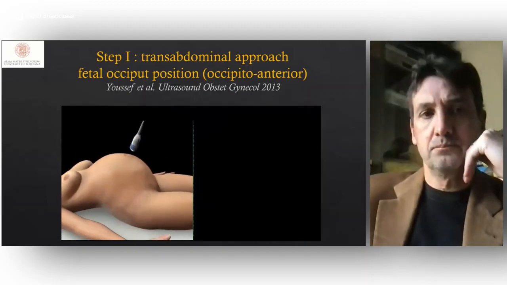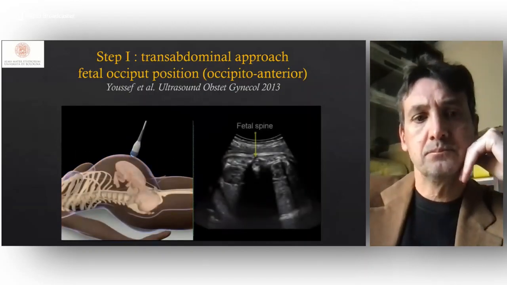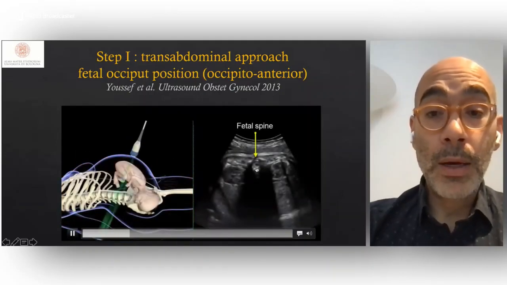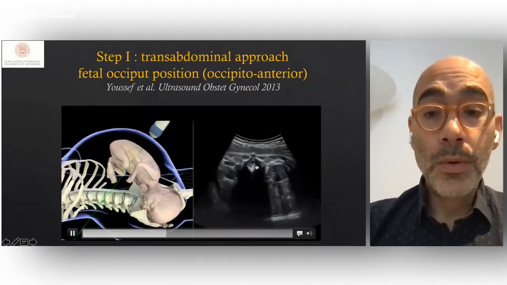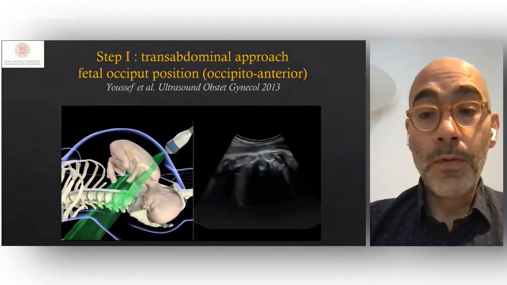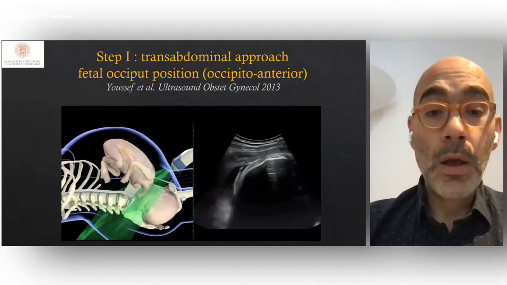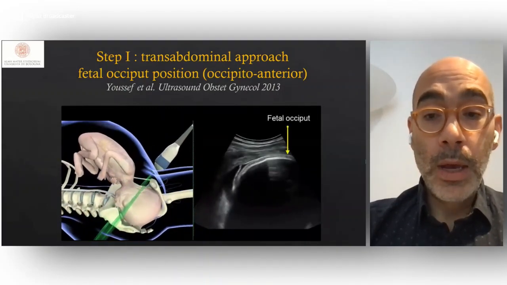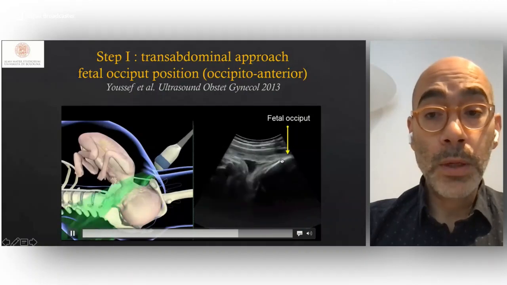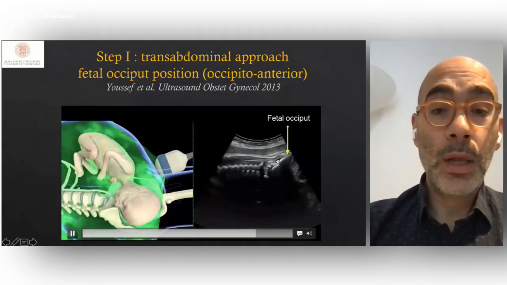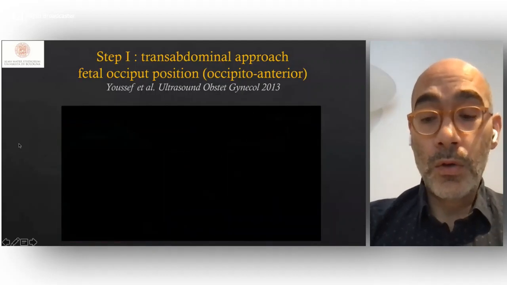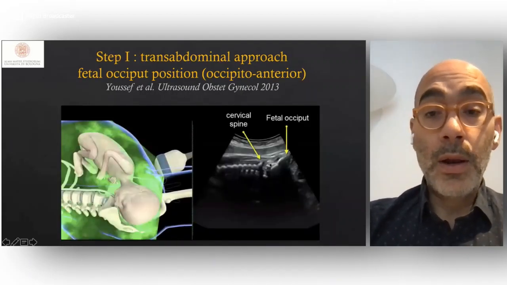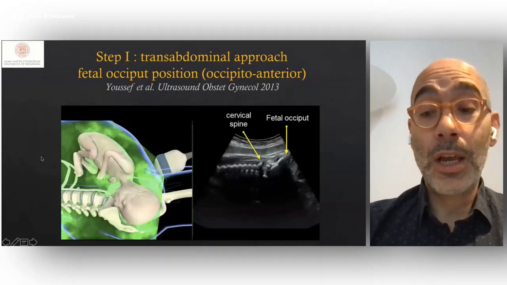This is a case of occiput anterior, and we see an anterior spine. Then we go down to look for the fetal head following the fetal spine. On the suprapubic area, we cannot see the orbits. Then we rotate clockwise, and we see the fetal occiput and the fetal cervical spine. So this is a case of occiput anterior.